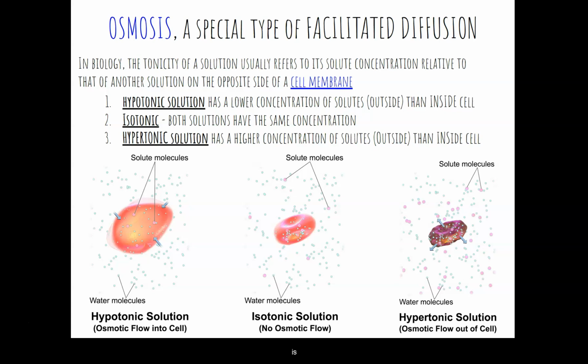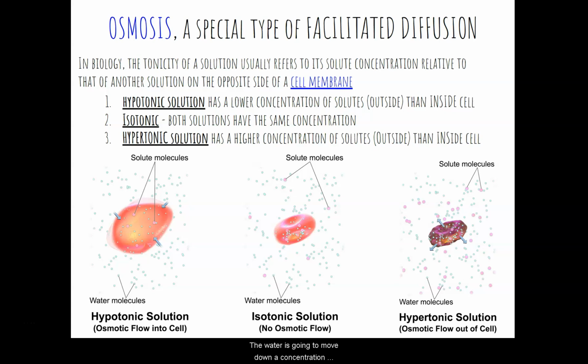Hypotonic is lower concentration. So that's when you have fewer solutes outside of the cell than inside of the cell. If we were going to use sugar as our example, it would be a cell that's placed in plain water. There's no sugar outside.